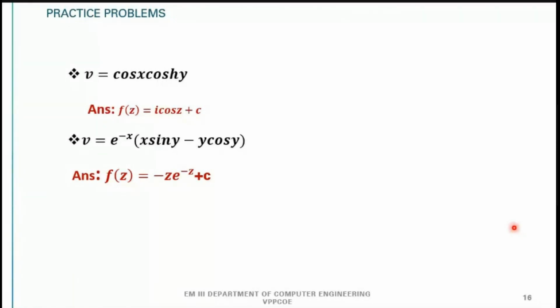Similar problems we have done with respect to u. Just try with v also. Almost the same. I think here it was sin x, here it is cos x. Try this and see whether you get the same answers or not.